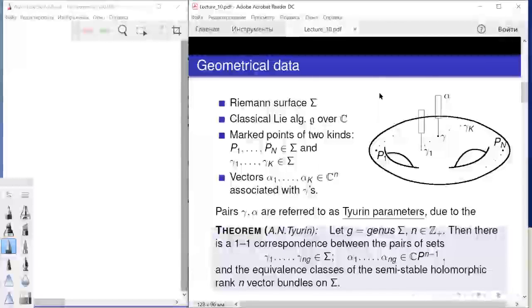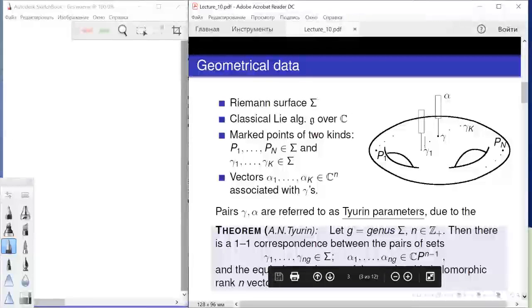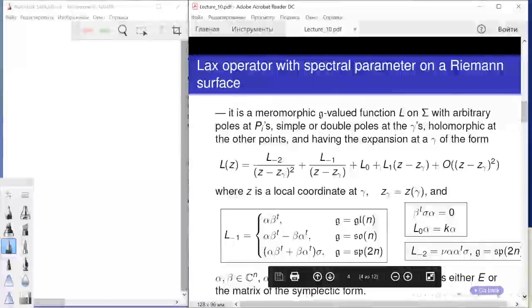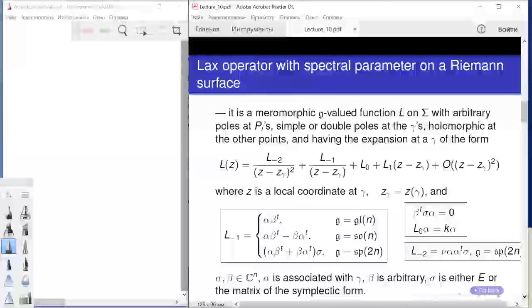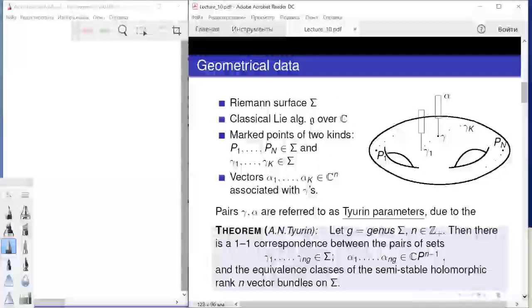Well, by Lax operator with spectral parameter on the Riemann surface sigma, I mean a meromorphic function on sigma, which takes values in the Lie algebra g. Unfortunately, I skipped g in my explanations.